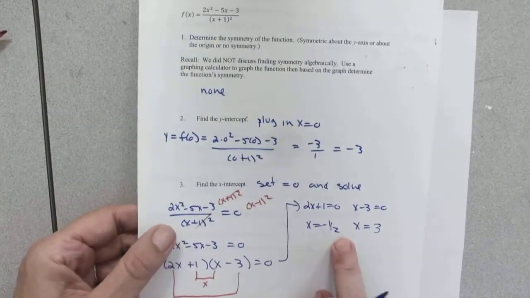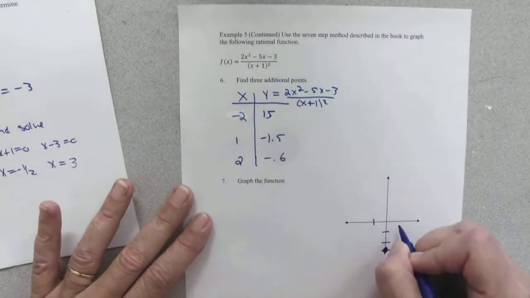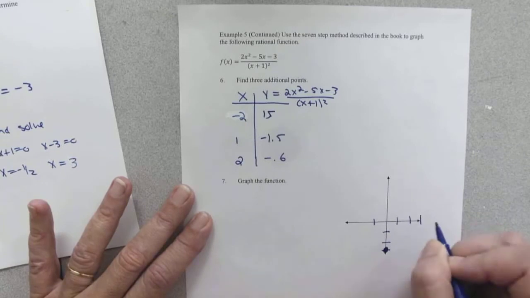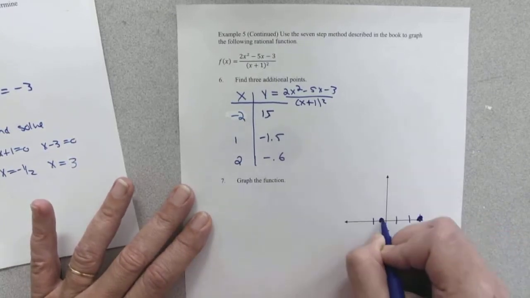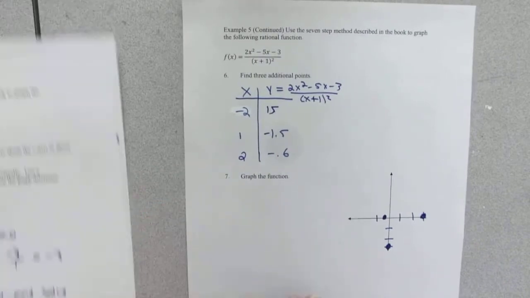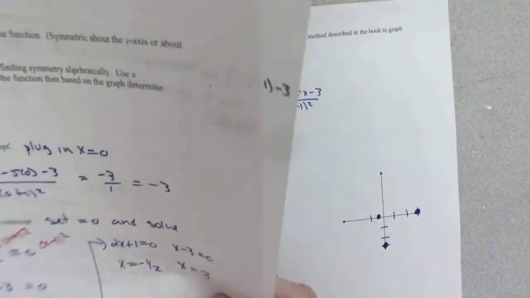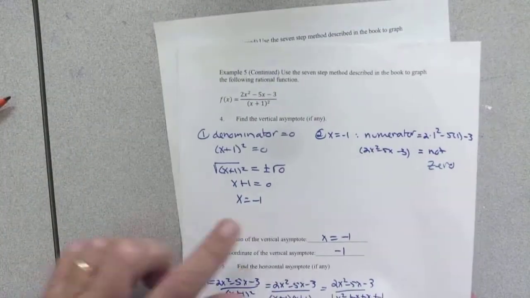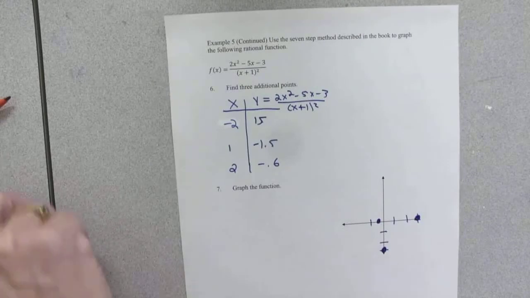We found that the x-intercepts were -1/2 and 3. So there's -1, 1, 2, 3. So -1/2 and 3. The x-intercepts -1/2 and 3. Plot those. We found that there's a vertical asymptote at x equals -1.